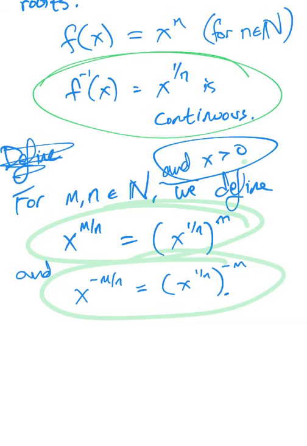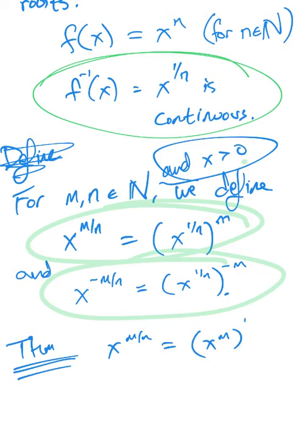Now, I want to leave you with two more things. Here's a theorem now. Given the above statements, you have that x to the m over n is x to the m to the 1 over n. That now becomes a theorem that you have to prove, but the proof is not hard.